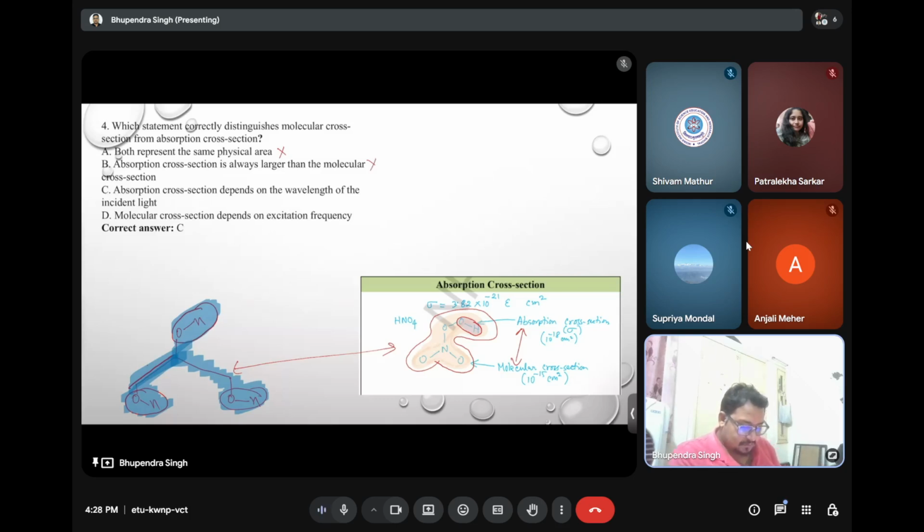And what about D? Molecular cross section depends on excitation frequency. What do you have to say about this statement?